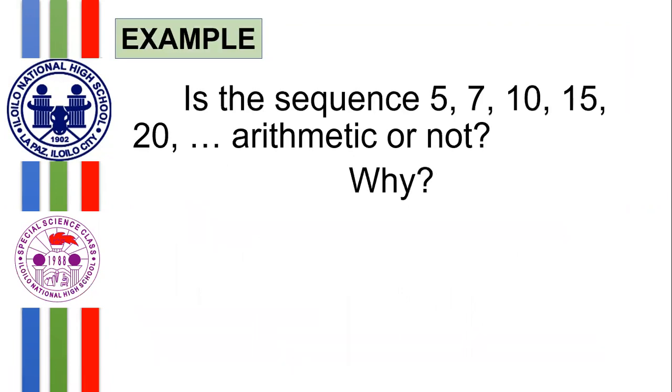Let's have another example. Is the sequence 5, 7, 10, 15, 20, and so on arithmetic or not? And the answer here is no, it's not arithmetic. And why is it not arithmetic?